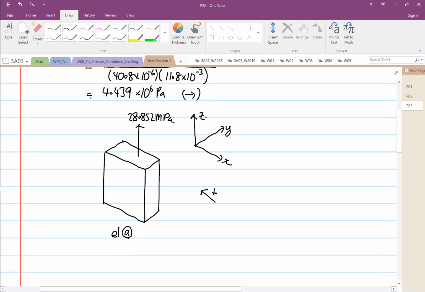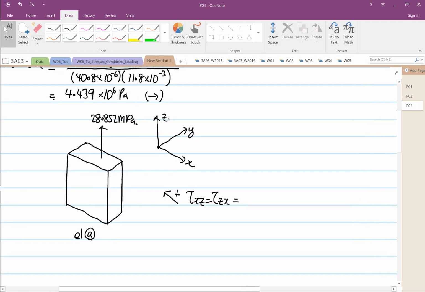So the shear ZX is equal to, it's coming down, 6.00465 times 10 to the power 6, and this is in this direction.